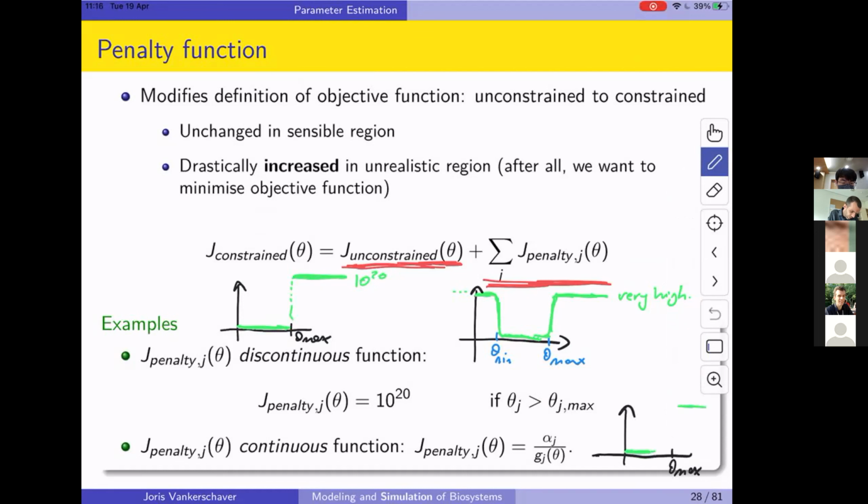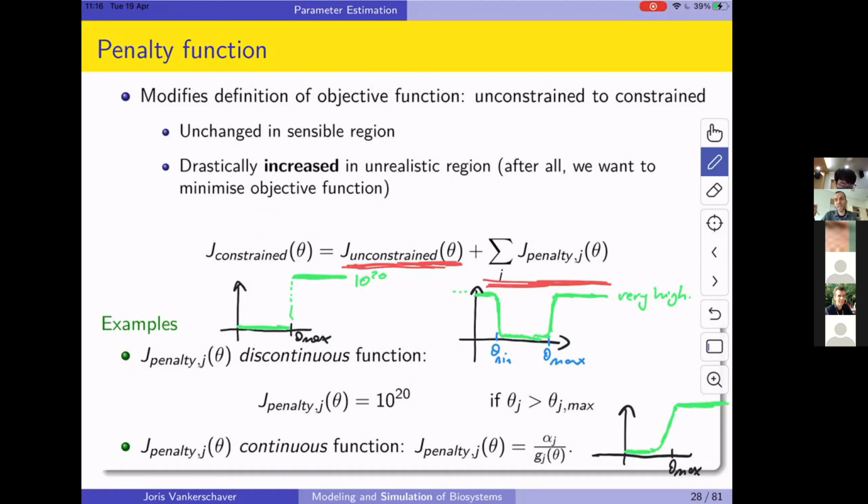So you still want to end up at a high value here, but you do so gradually with a certain slope. And the advantage here is that you will start feeling the penalty when you get close to theta max, and your optimizer will have time to adjust to it before it really is in the forbidden zone.